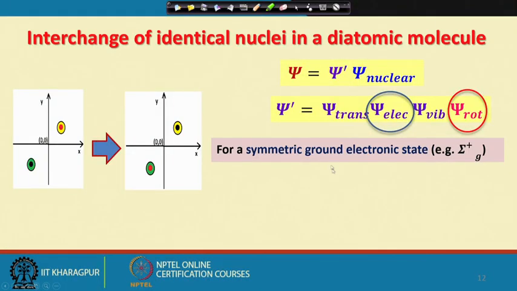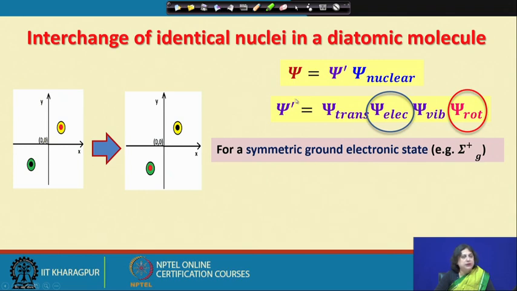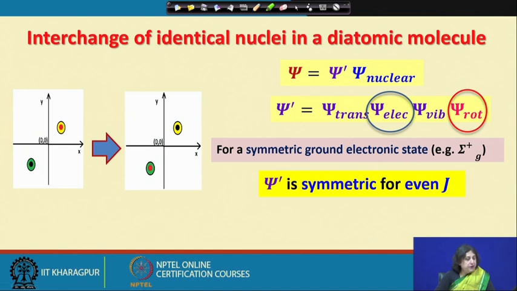Therefore, we find that the symmetry requirement on psi prime is imposed entirely by psi rotational, and then we can say that psi prime is symmetric if you are looking at rotational energy states associated with even values of the rotational quantum number.